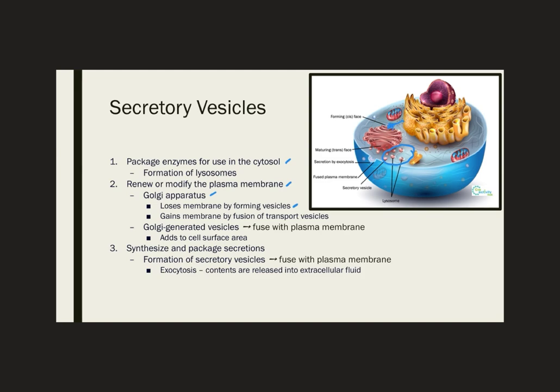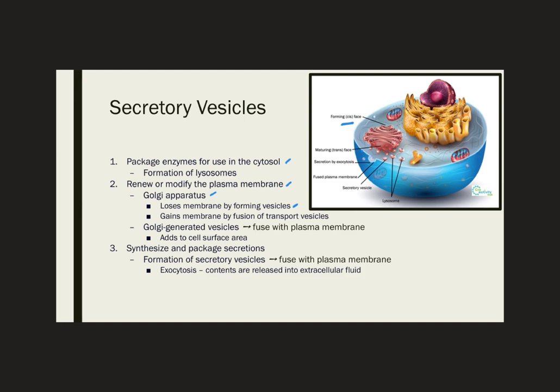So notice how we have a forming phase on this end and a maturing phase on this other end of the Golgi apparatus. When Golgi-generated vesicles fuse with the plasma membrane, it adds to the surface area of the cell, balancing the membrane loss that occurs during endocytosis.